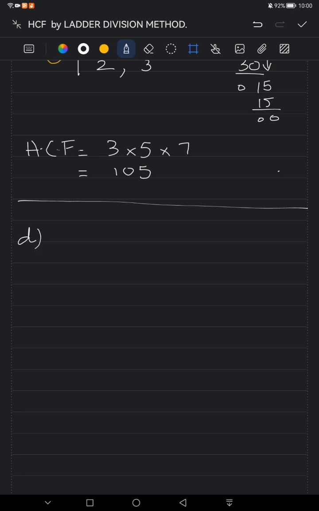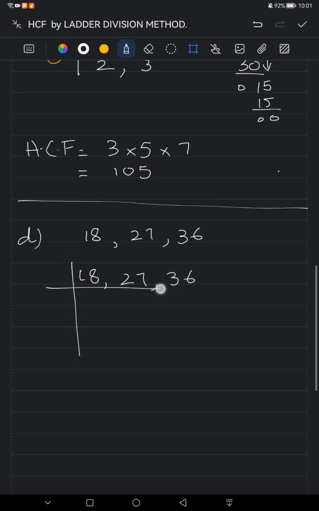Let's find out the HCF of three numbers now. 18, 27 and 36. Now 18 and 36 are even, but 27 is odd. So 2 is not their common prime factor. Let's check the table of 3. 3 times 6, 3 times 9 and 3 times 12.